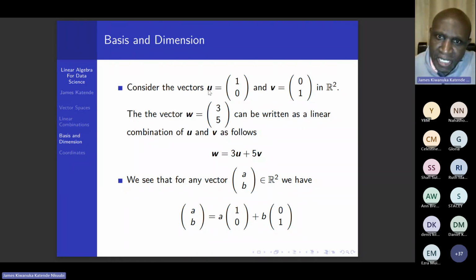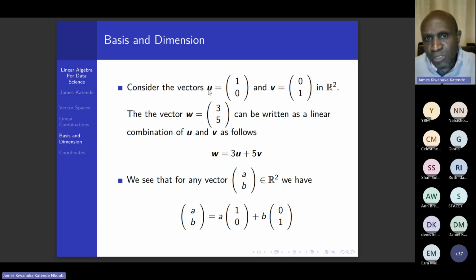So let's pick two vectors in R2. What we have shown is that at the end of it all, if you pick any other vector in R2, it's possible to write that vector as a linear combination of these two vectors, U and V, right? So another observation you can make is that these two vectors, U and V, are linearly independent.